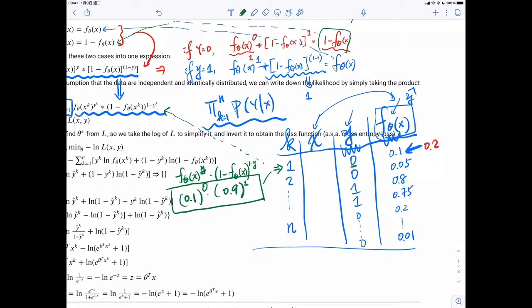If y hat is very, very close to y, for example, if y is 0 and y hat is 0, then we take a look at this one: 0 to the power 0, right?